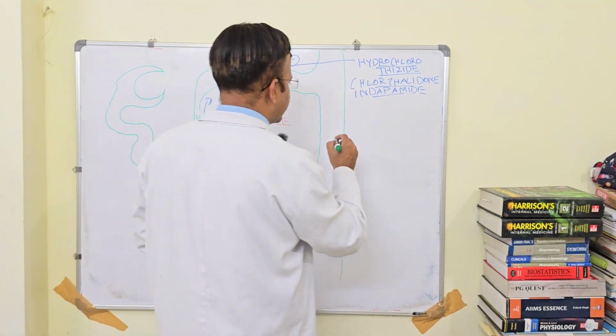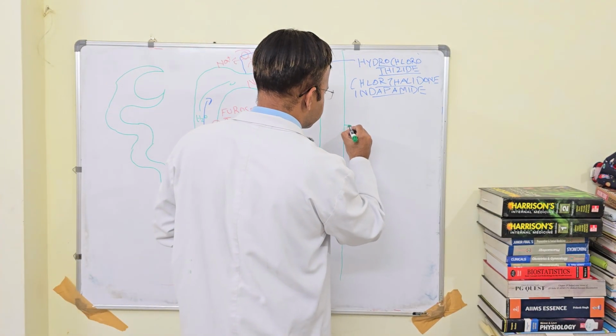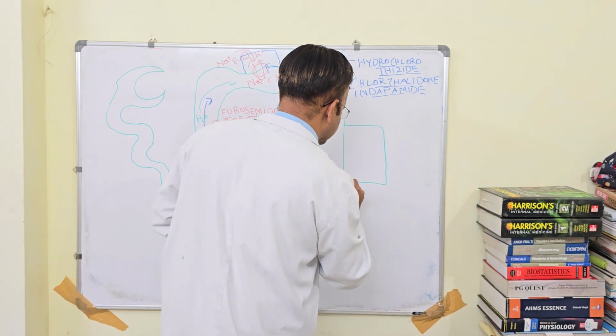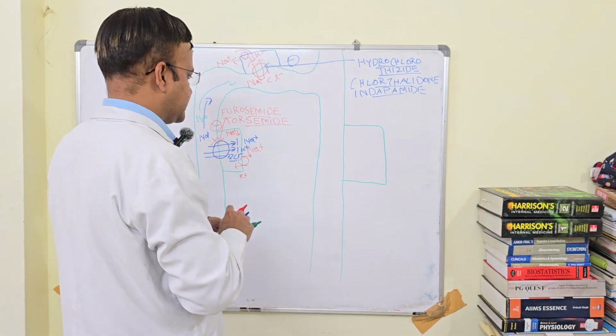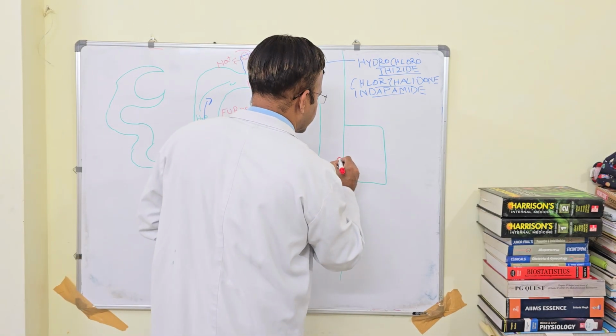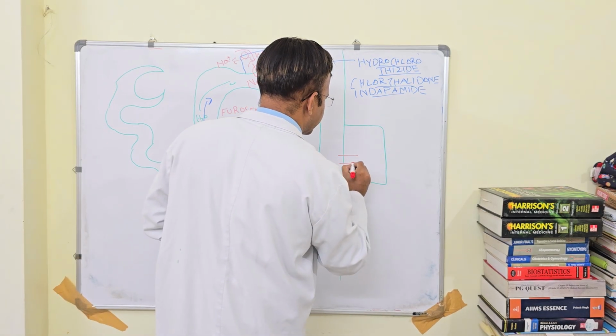On this side, we have got principal cells. In principal cells, we have got ion channels. What are those channels? ENaC channels. Very important ion channels.